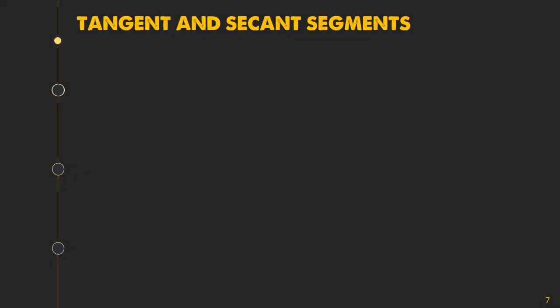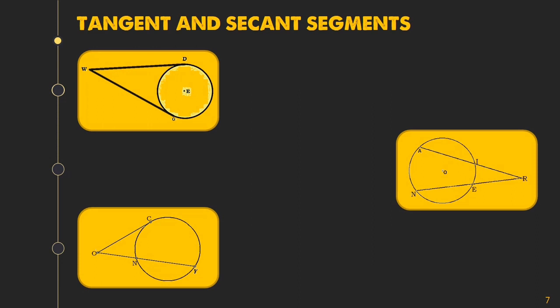In the previous lesson, a tangent and a secant line have the tangent and the secant segment as their subsets respectively. These three figures illustrate the tangent and secant segments. On the first figure, circle E has segment BW and segment GW as the tangent segments.